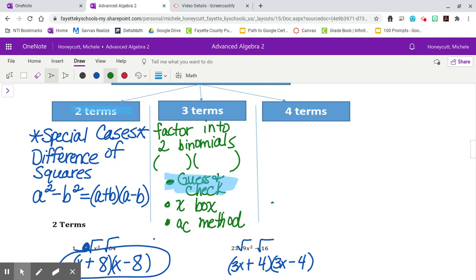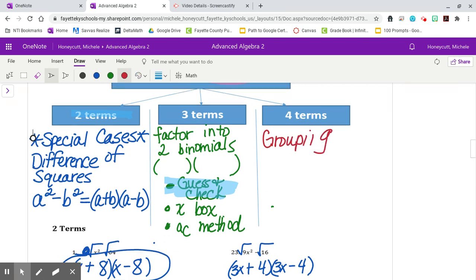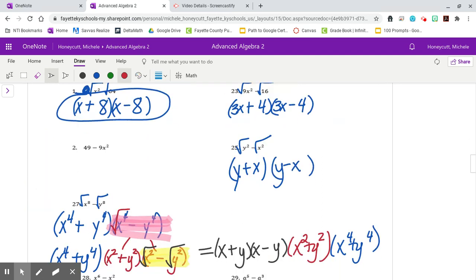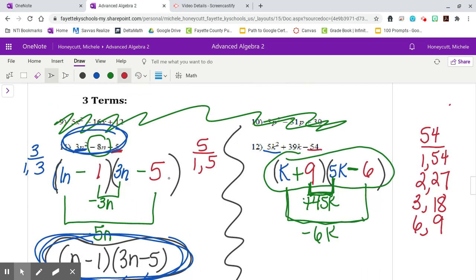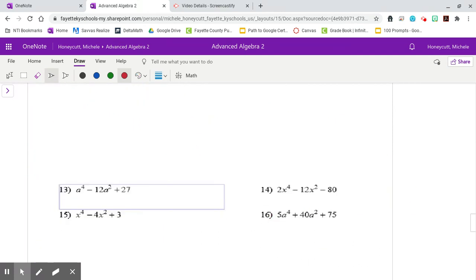All right, if you have 4 terms, you need to use a method called grouping. And so when you're using grouping, there's a set of steps that you're going to need to follow.